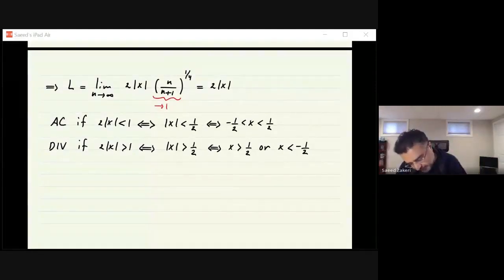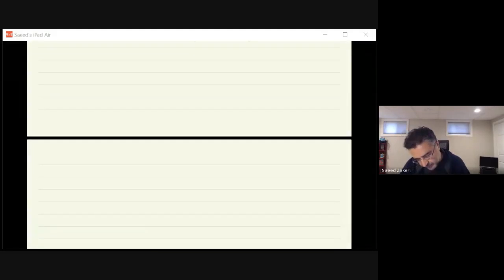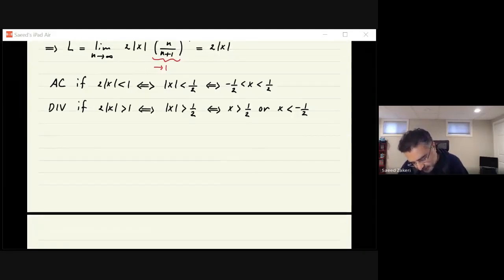So let's take a look at what we have achieved so far. What I have shown so far, let me add a page here just to make sure I'm not running out of space, is that if I stay in the interval from -1/2 to 1/2, I have absolute convergence.